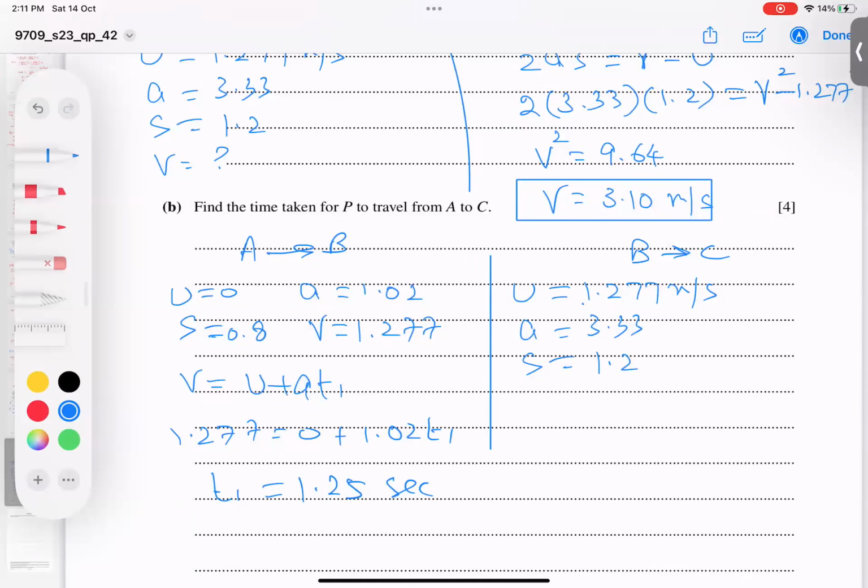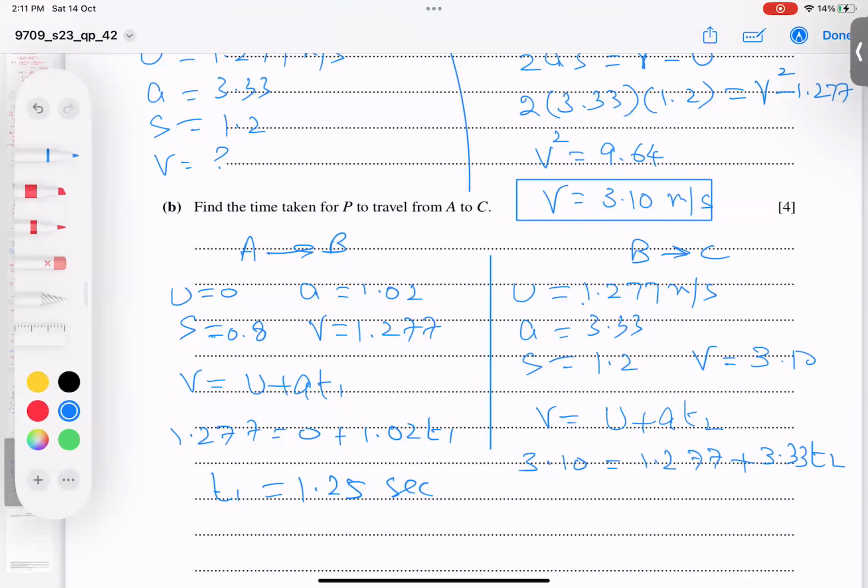With the same planning, I will go for the other one. And for the second particle, the final velocity we have. We have 3.10, because this speed I have. So I can find the time with u and v. Again, v is equal to u plus at, for stage 2. v is 3.10, u is 1.277, acceleration is 3.33, and time 2 is the target.